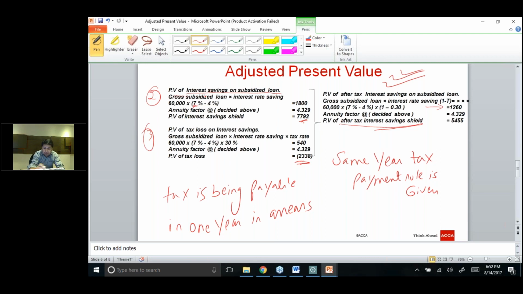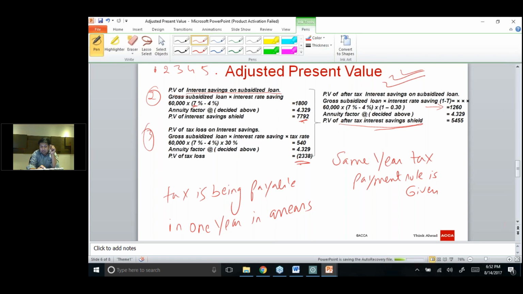That means if the company is saving interest annually from year 1 to 5, this single step will be exactly the same. You are going to save interest from year 1 to 5.